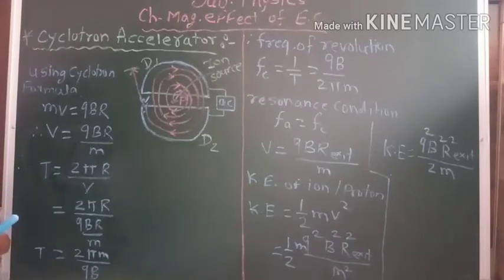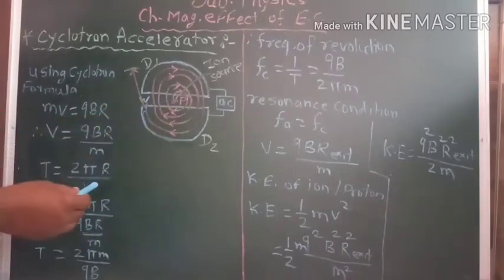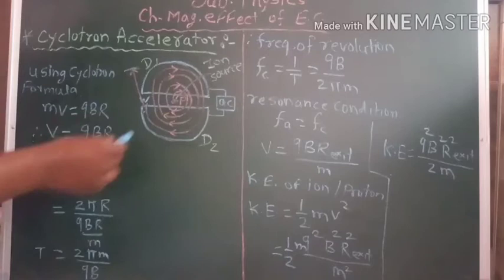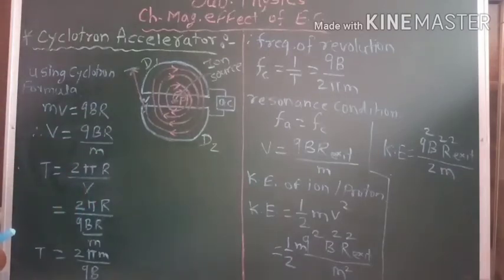Then positive ions are produced by the gas ionization source kept at a point between these two Ds. At that point P, we put the gas ionization source, and due to this electric and magnetic crossed field, positive ions are produced between these Ds.